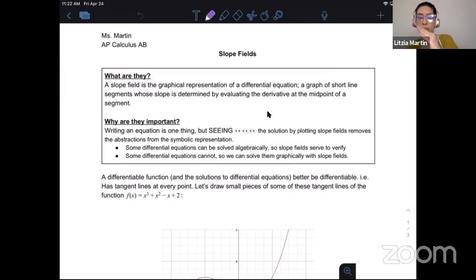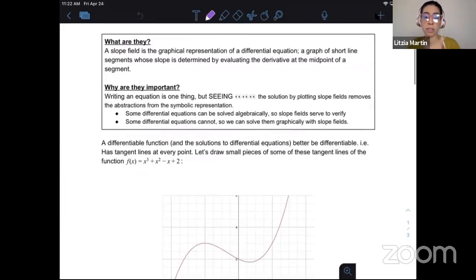Each little segment represents the slope at that particular point. So it's basically just a bunch of tangent lines, right? But just not continuous. We're kind of just cutting off each tangent line along the graph. Its slope is determined by plugging into the derivative at the midpoint of the segment. We're going to see what that means in just a second.